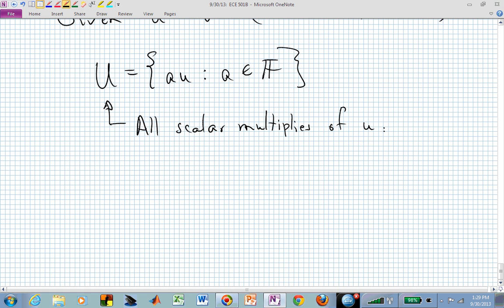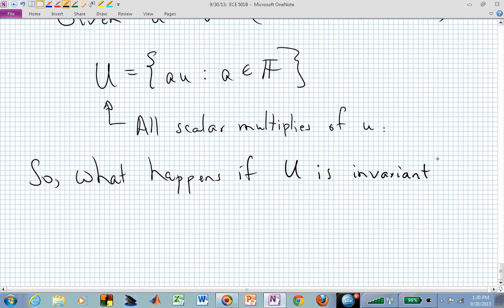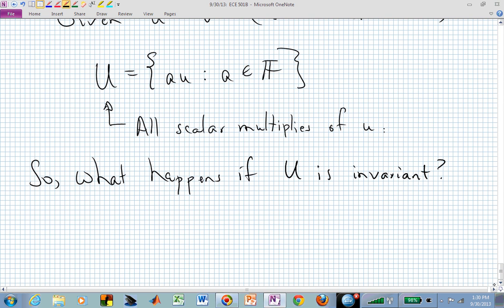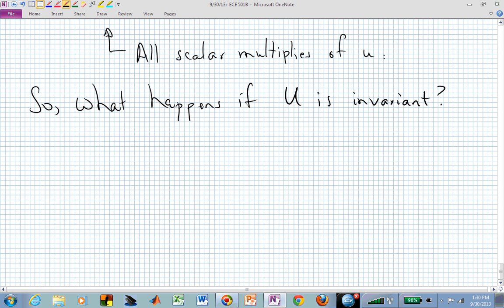Now, what happens if this subspace U is in fact invariant? What does that mean?